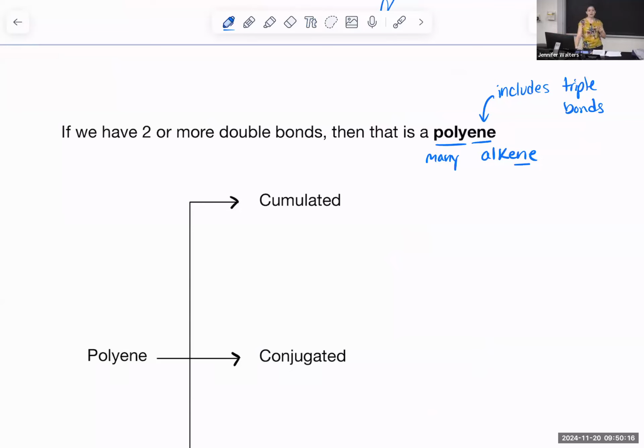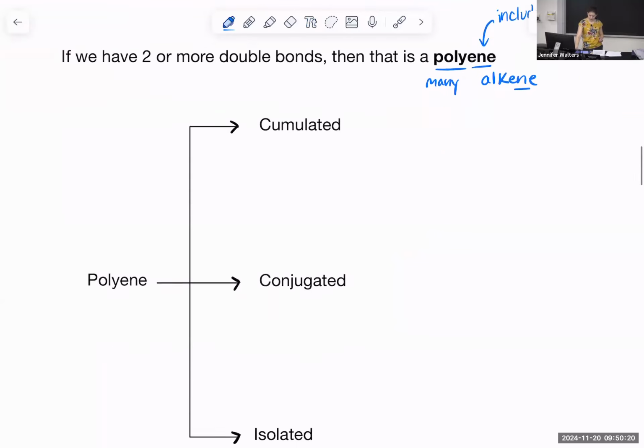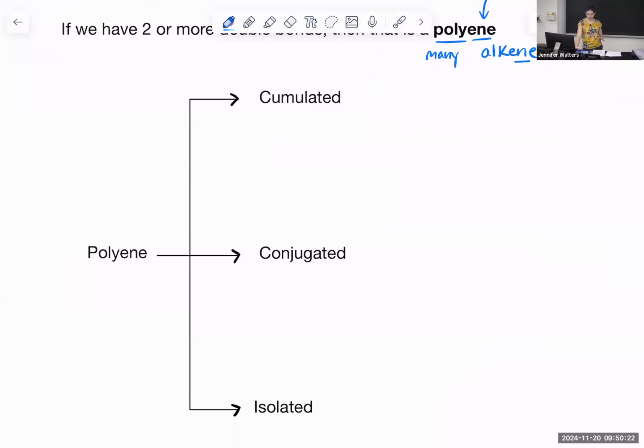So we have 3 ways of describing our polyenes. We have cumulated, conjugated, and isolated. Cumulated is going to be where they are right next to each other, where you're going to have 0 sigma bonds in between your pi bonds.